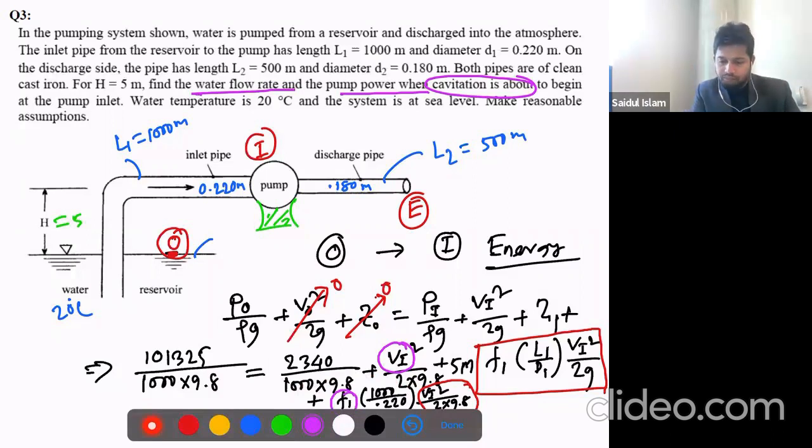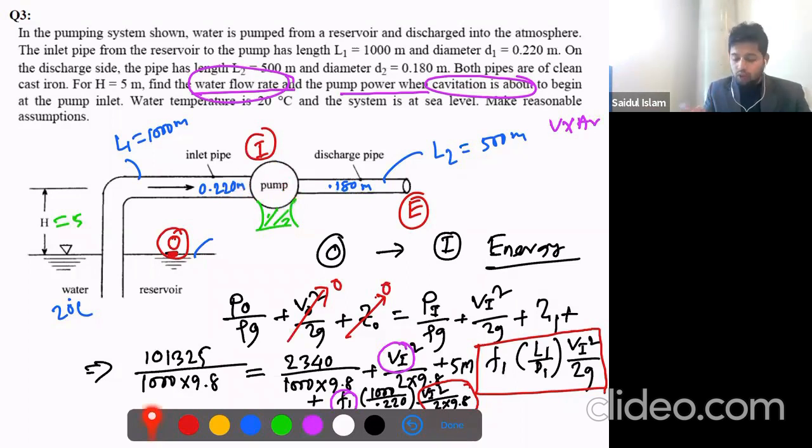The thing is, we need the water flow rate. I think I missed something initially; I should have mentioned why I am doing this. We are going to calculate the water flow rate. Flow rate means velocity times area, so here it is the flow rate at the pump inlet.